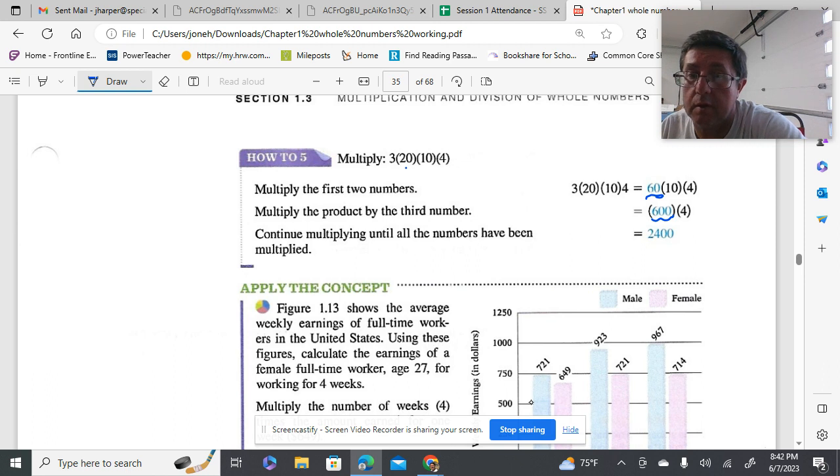Then we would take the whole 600 times 4, because these parentheses being right next to the parentheses means we multiply. And having a variable right next to a number, that also means you multiply.